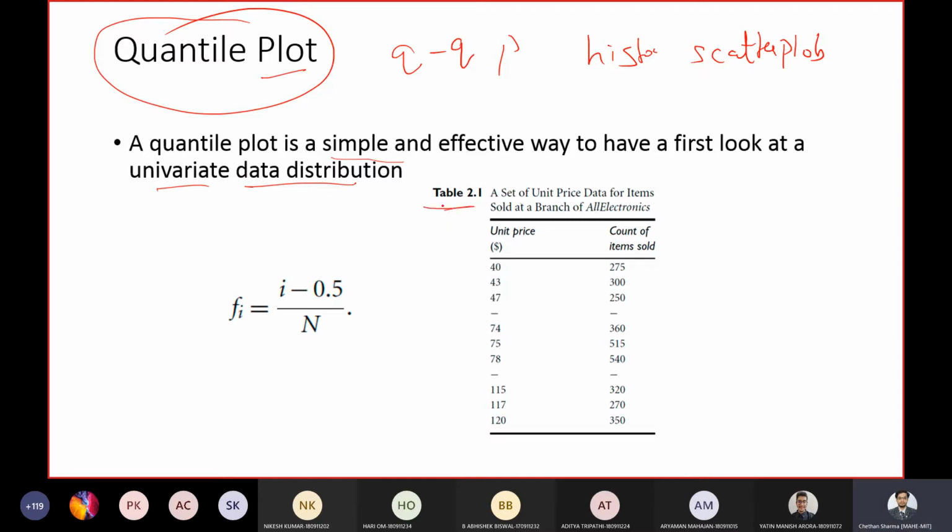A table is given, and to plot this quantile plot, you need to have an f value. Here, if i is from 1 to n, the value of (i minus 0.5) divided by the total number of observations gives you the f value.